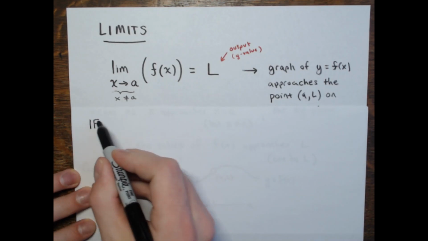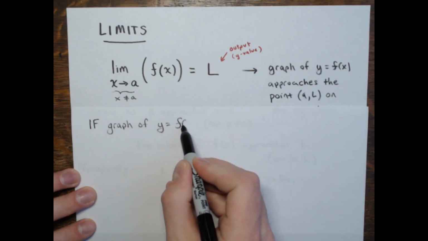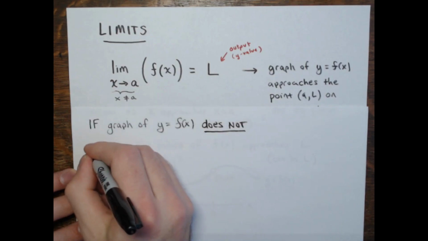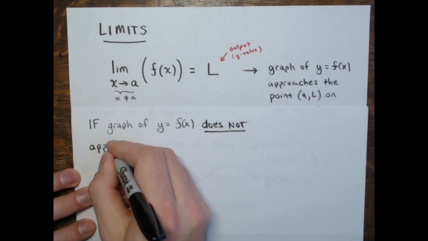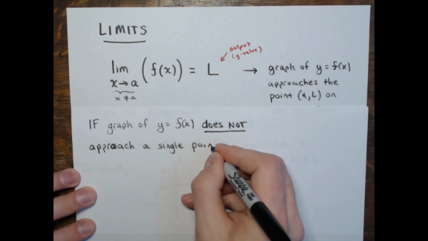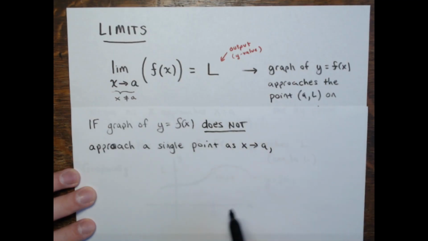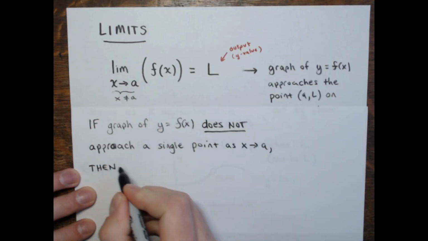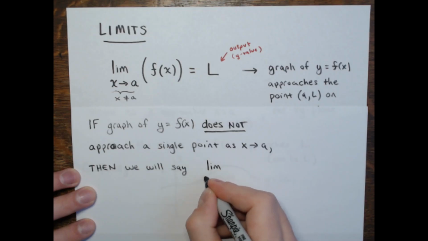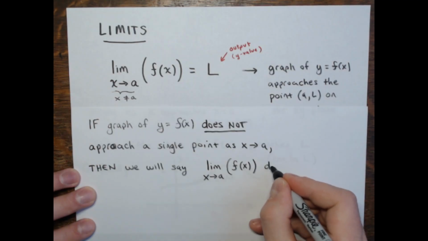So if the graph of y equals f of x does not approach a single location, a single point, as x approaches a, then we will say that this limit, the limit as x approaches a of our function, does not exist.